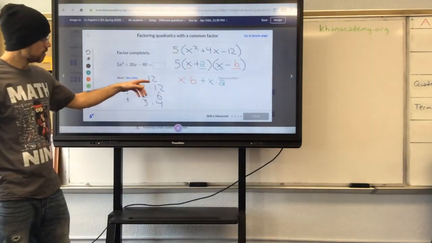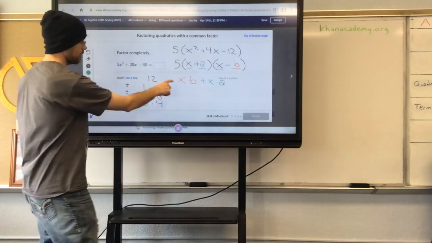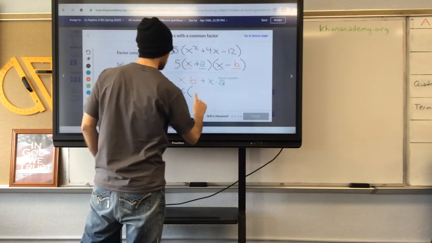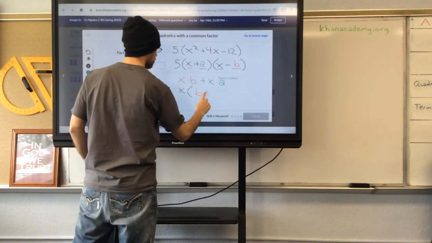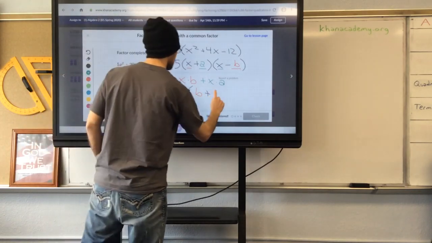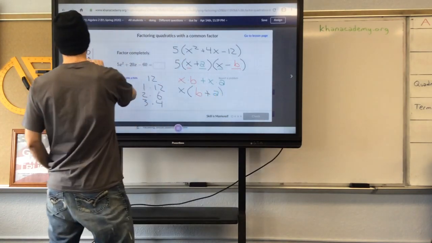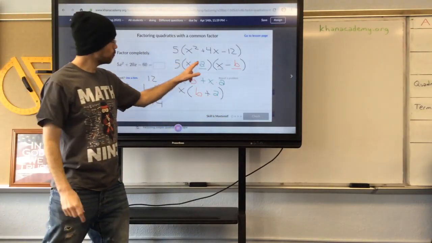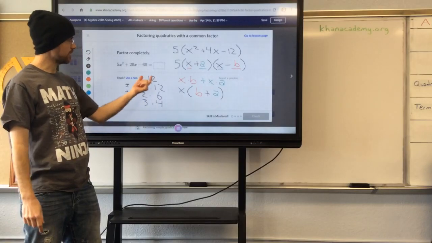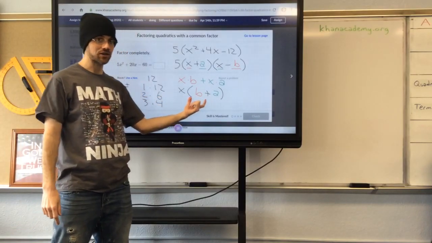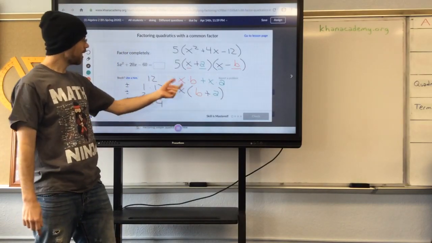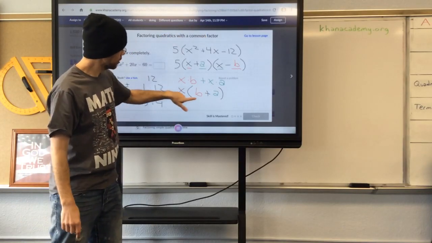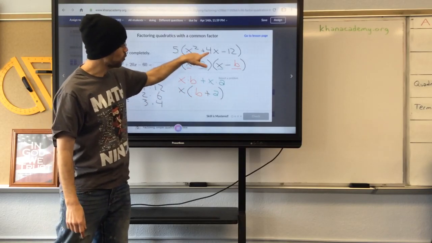Okay, so if you factor that, you get x times b plus a. Okay, so when I multiply these factors, I'm going to get negative 12. But when I add the factors, I have to get whatever this term is right here. Some number of x's has to equal 4 x's.